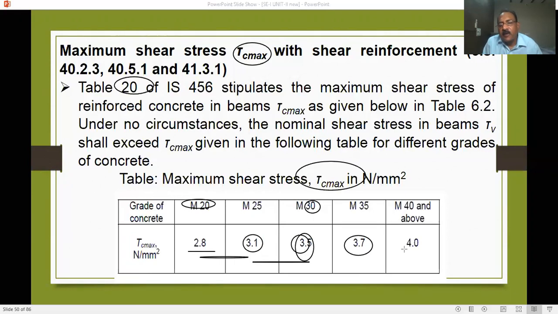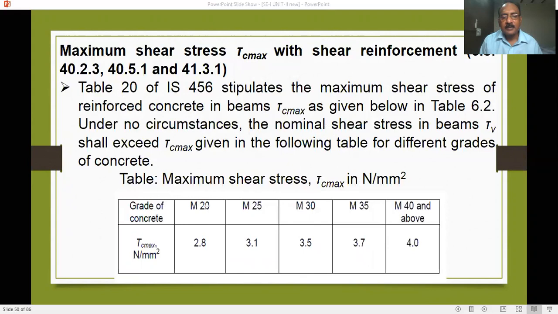Similarly M40 and above, whatever it may be, 45, 50, that is 4 Newton per mm square, tau c max. So this table is very important. At least you remember these three values, M20, M25, M30 tau c max values. These are very important questions.